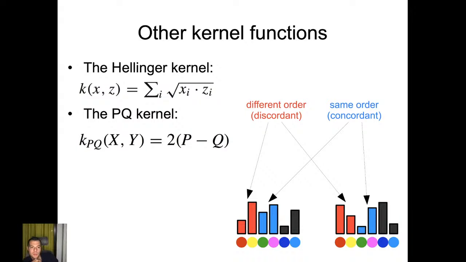You sort the components from one histogram with respect to its values, and at the same time you sort the components from the other histogram. And when you have them sorted, you do a linear pass to compute the final value for the kernel.